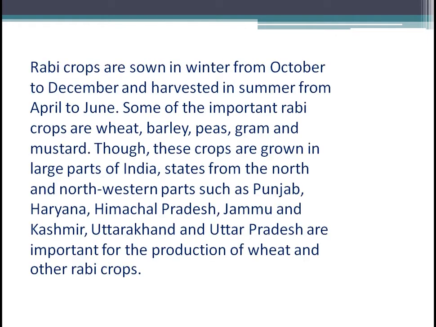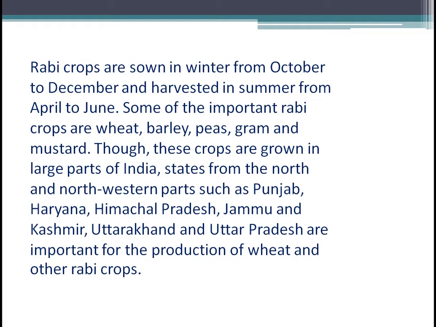Rabi crops are sown in winter from October to December and harvested in summer, from April to June. Some of the important Rabi crops are wheat, barley, peas, gram and mustard.